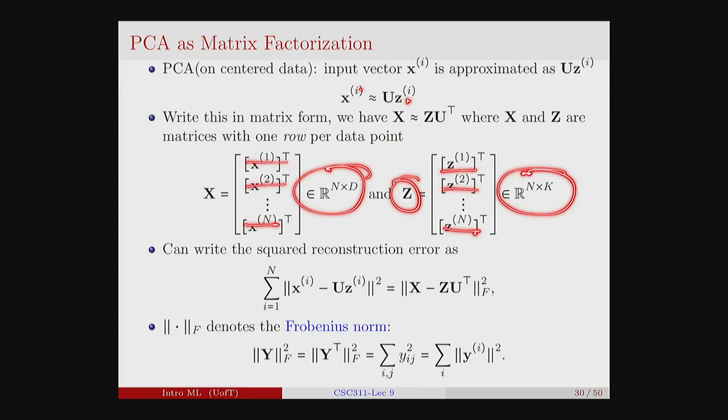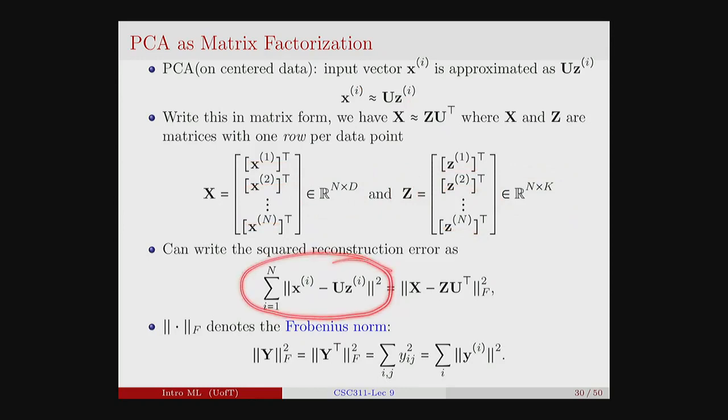And in this view, I can write the squared reconstruction error as the summation over n of xi minus U zi, which is equal to X minus Z U transpose. And so if we view this from the perspective of matrices, then the summation over n turns into this Frobenius norm.